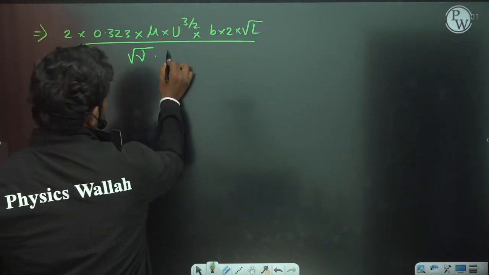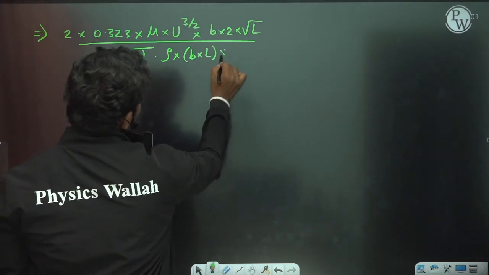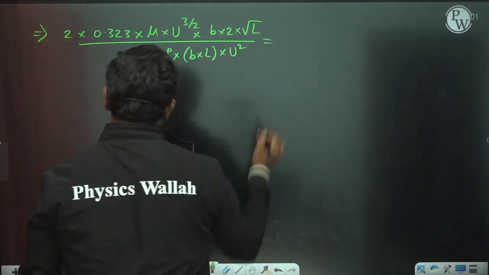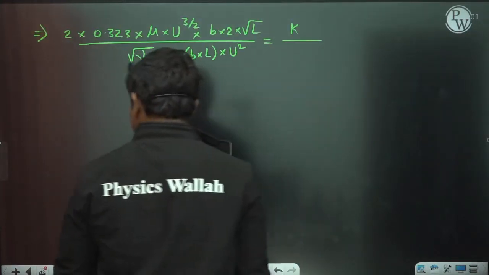So rho times the area of the plate, b into L into u square, is what you have. So this is equal to this constant k divided by this Reynolds number.